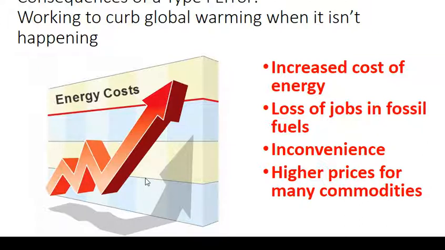It could be inconvenient. You might have to take more public transportation or share rides. There could be higher prices for commodities. There's a lot of stuff that's made with oil, and all those prices are going to go up. So there's a lot of real consequences for working on global warming, especially if it's not real.